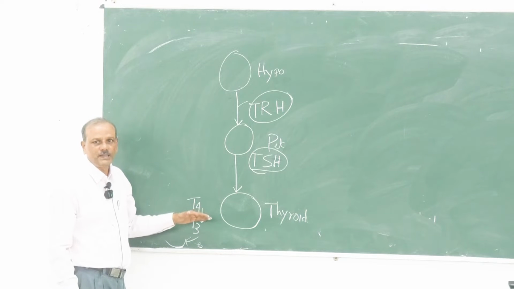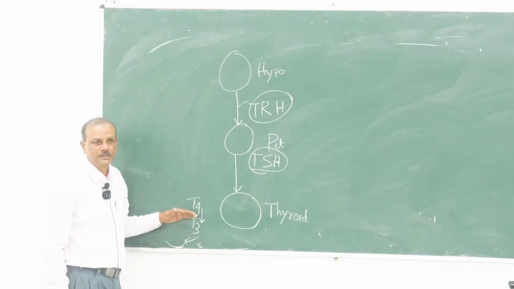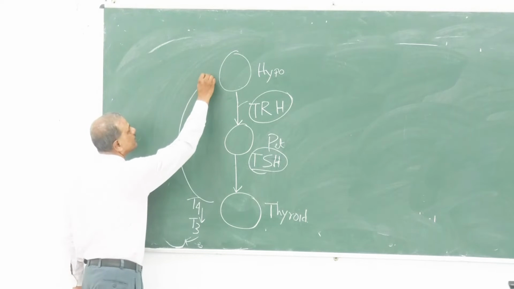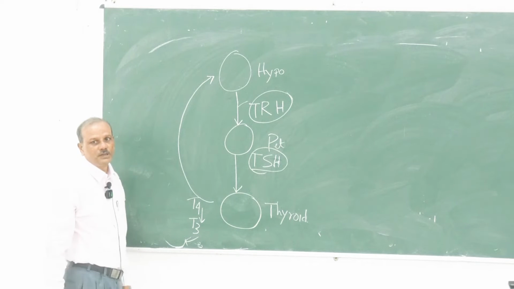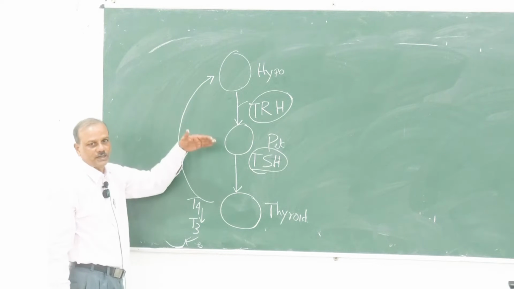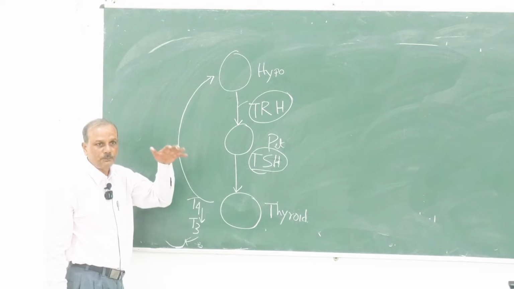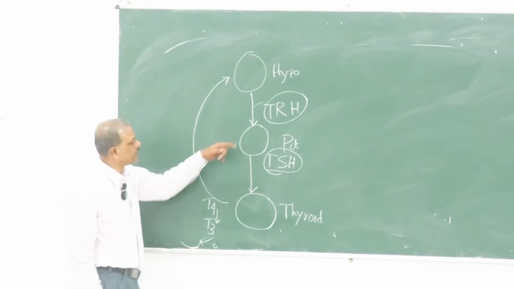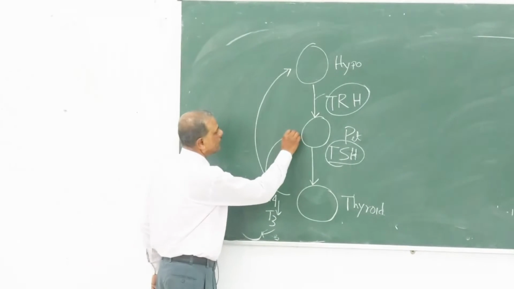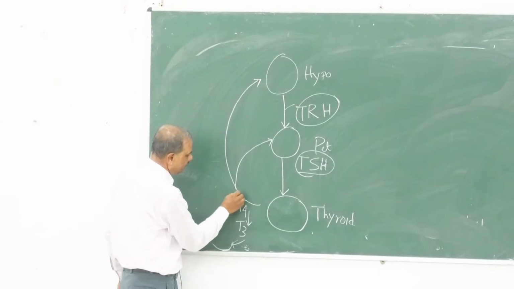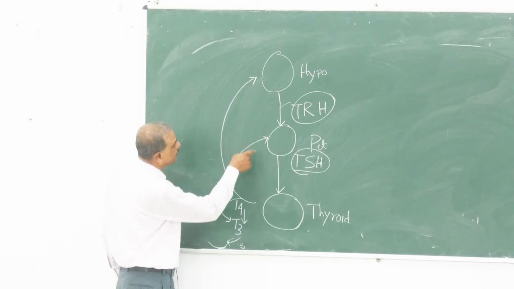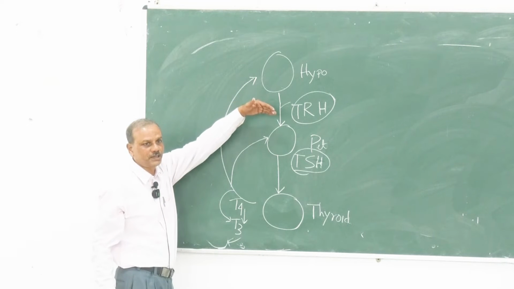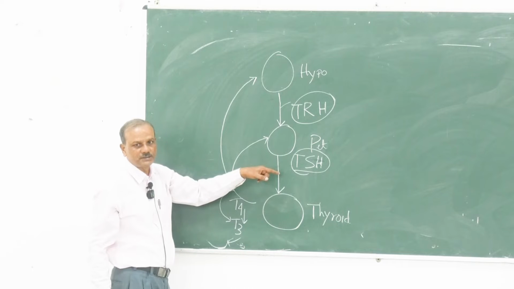So when there is less production of T3 and T4, it will stimulate the hypothalamus to release more TRH as a compensatory mechanism to increase production of TSH. Basically T3 exerts its effect on the hypothalamus to produce more TRH and then more TSH.